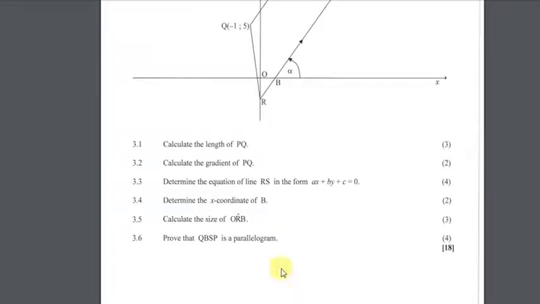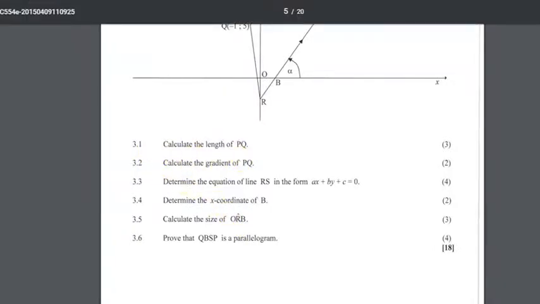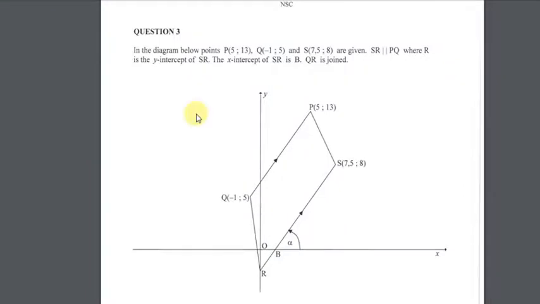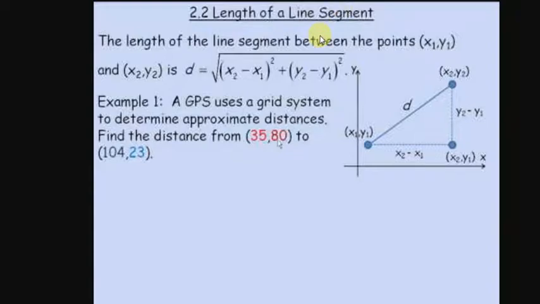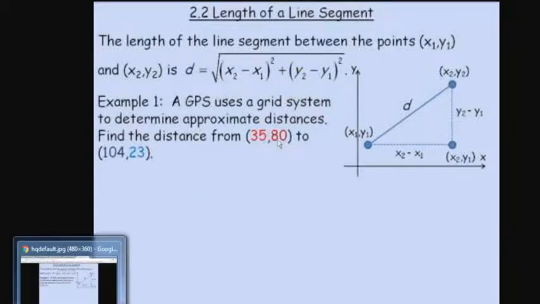So the first question, question 3.1, is calculate the length of PQ. So we want to find this length PQ. And this is the formula for the length of a line segment. So this comes from Pythagoras' theorem.